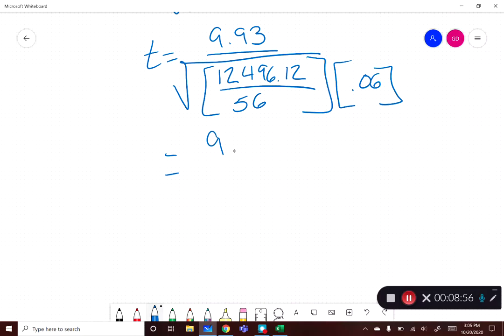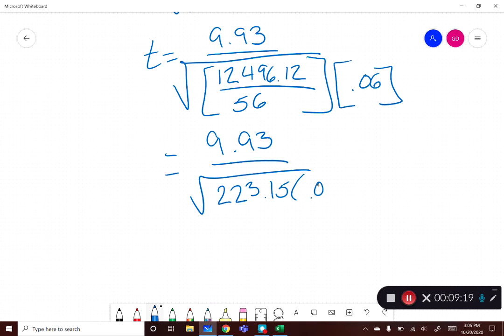So now let's do 9.93, divide the 12,496.12 by 56. So now we get 223.15 with rounding times 0.06.